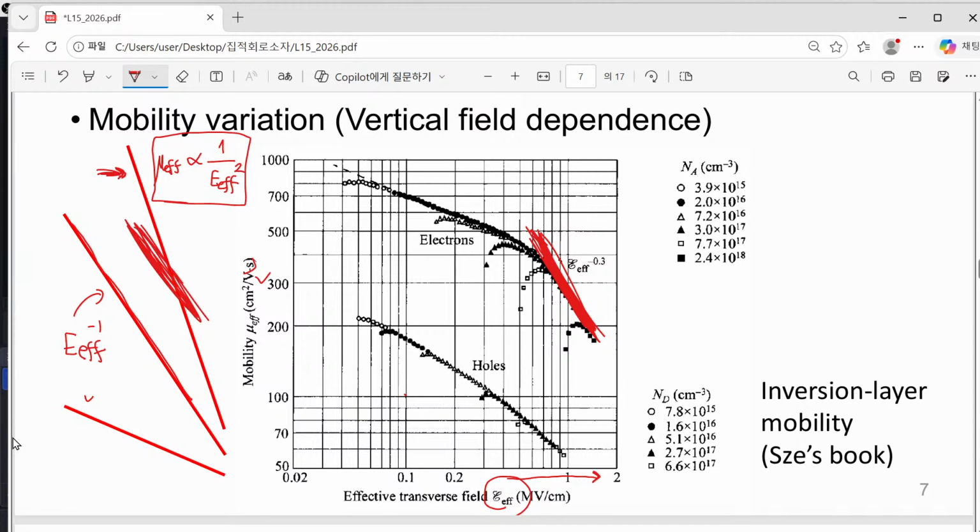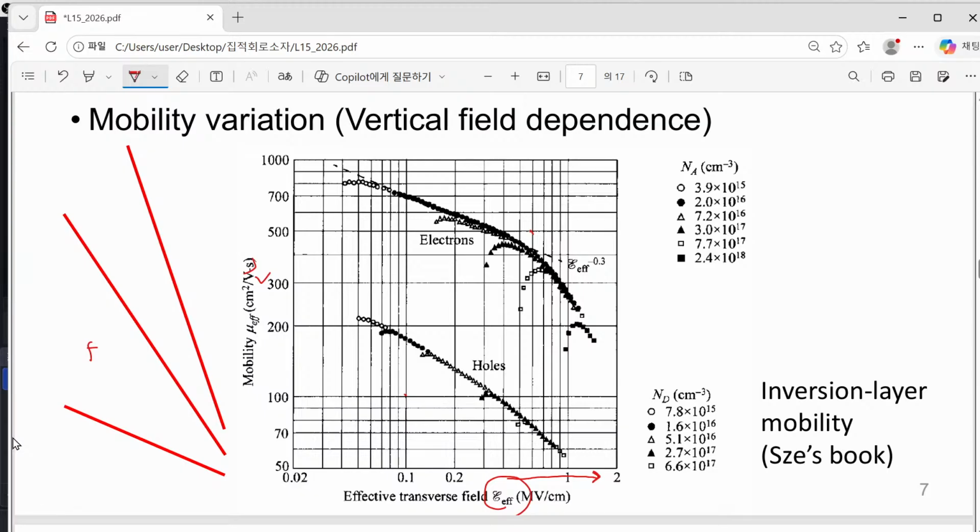I'm trying to make a parallel shift of this line from this line, and you can see that certainly the behavior of our electron mobility shows an even steeper line than this effective mobility. So it is known that electron mobility in its final behavior is quite close to the inverse of the square electric field, and this one is corresponding to the hole. So a more moderate variation is obtained.